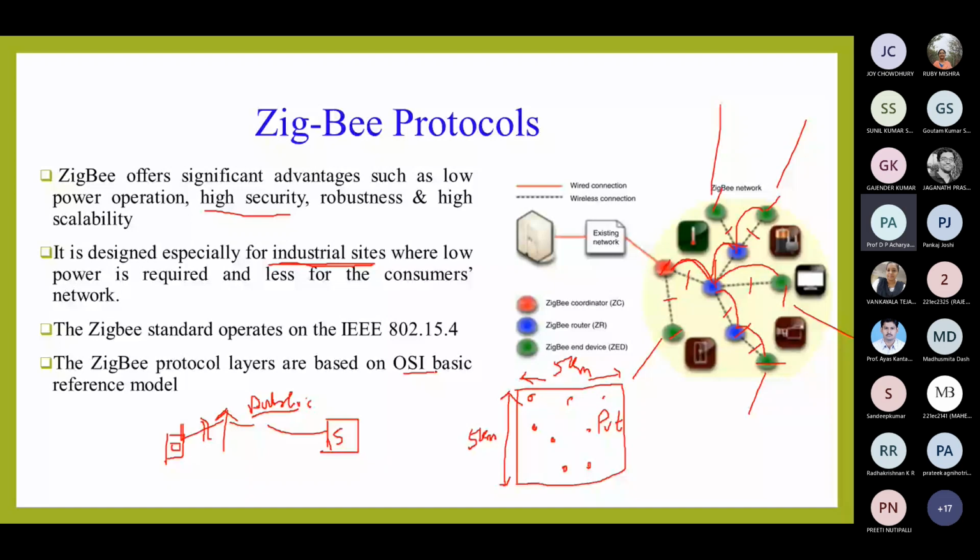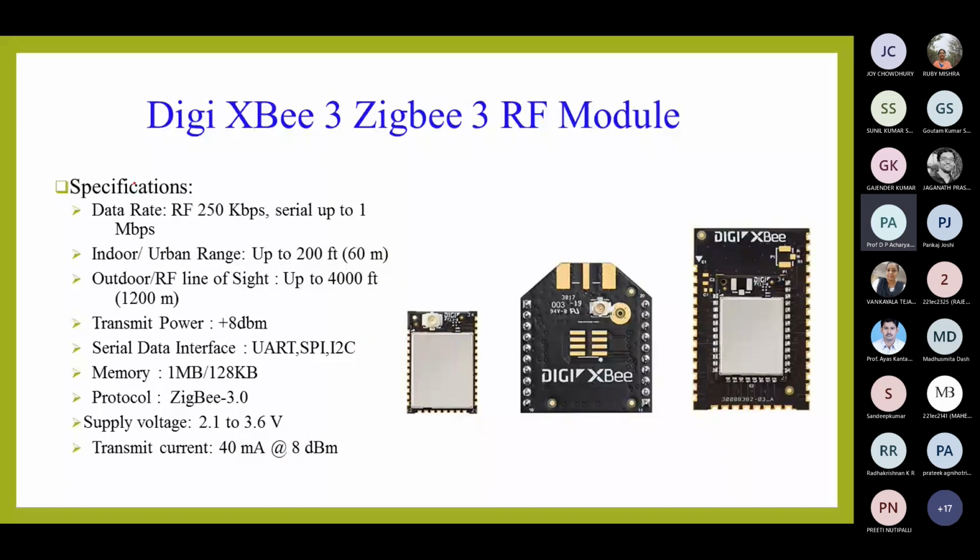So Zigbee. This is from Digi, the Digi XBee Zigbee 3 RF modules. These are different RF modules where you have RF data up to 250 kilobits per second, and serial can go up to 1 Mbps.